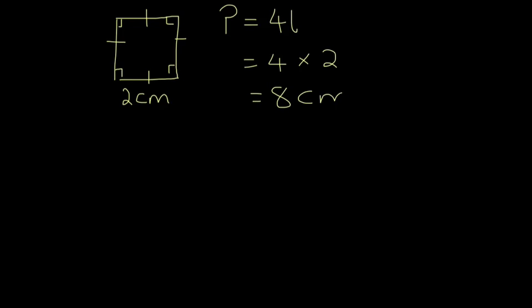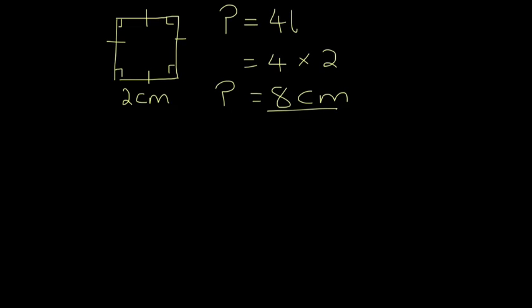So if I were told that I have a square with a side length of, let's say, 2 centimeters, I should be able to figure out the perimeter of that square using P equals 4L, where L is the length. So I'm going to have 4 times the length, which is 2 centimeters. 4 times 2 is 8, so the perimeter of that square is 8 centimeters.